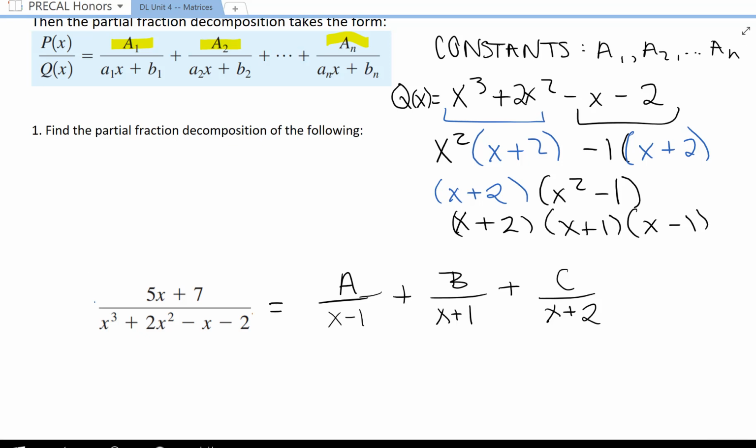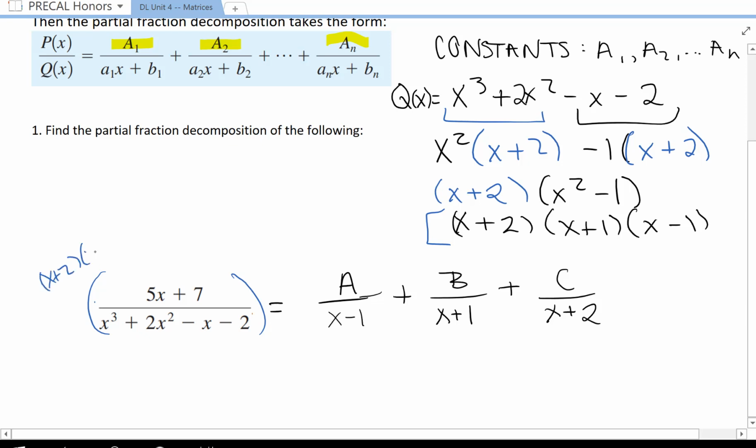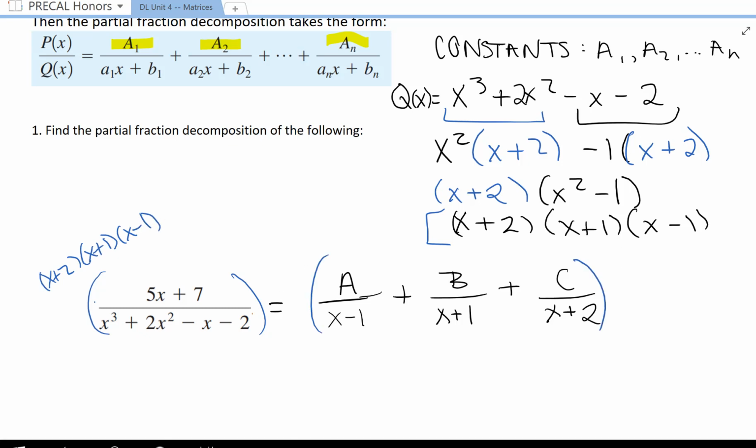So now we have this giant equation, and we're actually going to be able to solve it. First, we're going to multiply both sides by our denominator, which is x cubed plus 2x squared minus x minus 2. I'm going to write its factored form: x plus 2, x plus 1, x minus 1. And then you're multiplying both sides of the equation by that.